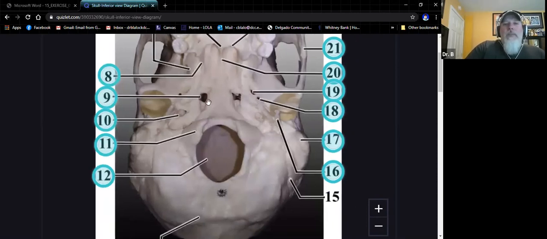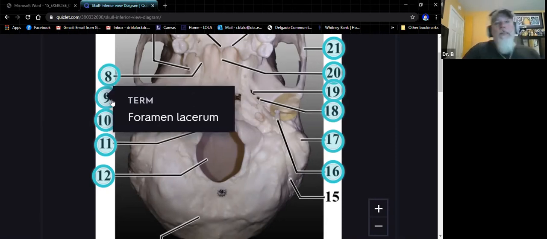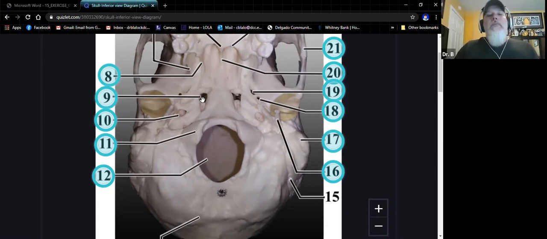Now, we have some openings here, okay, some different foramen that we're going to identify on this inferior view of the skull. The first one is this large opening that we see on either side right there. That is the foramen lacerum. So this would be the right, this would be the left.